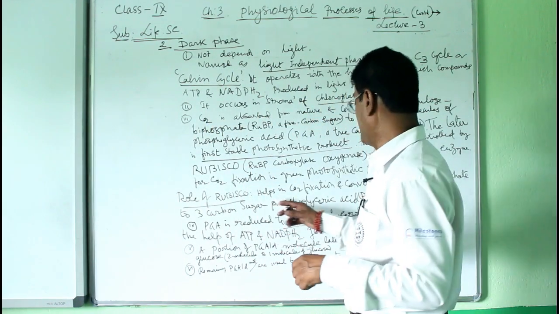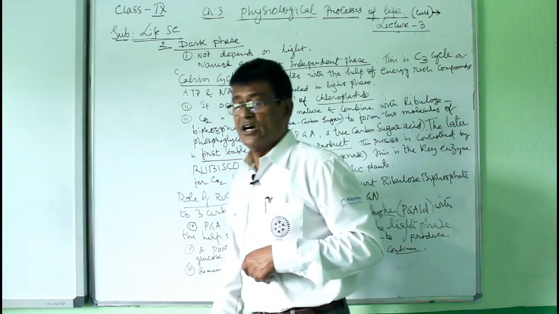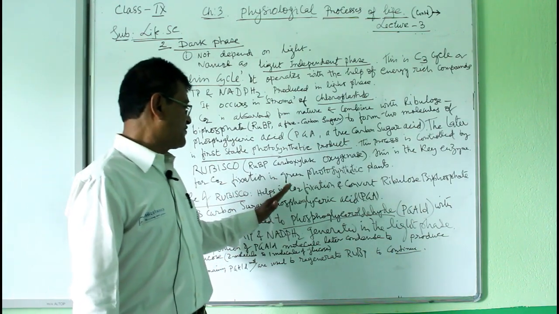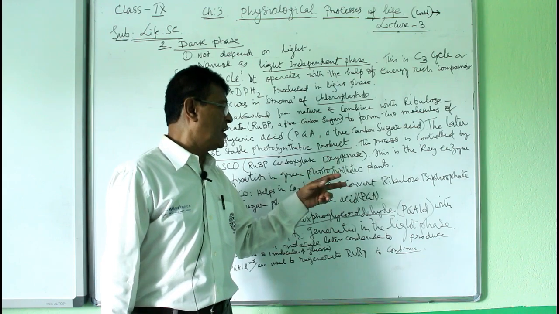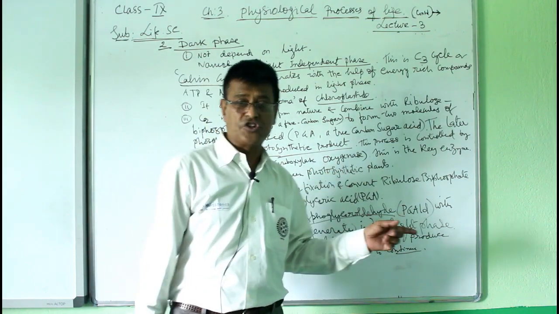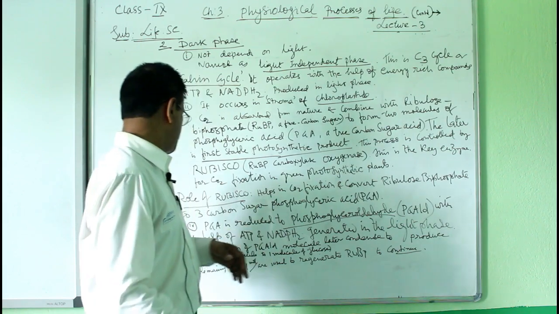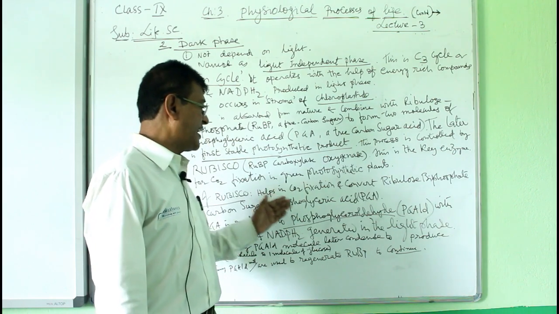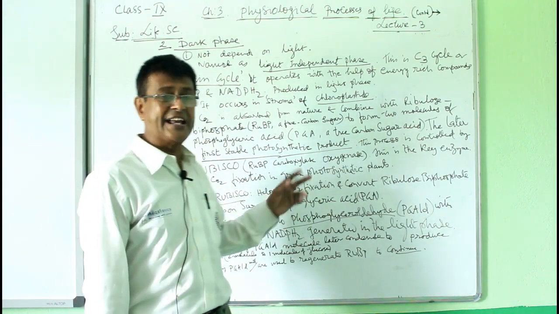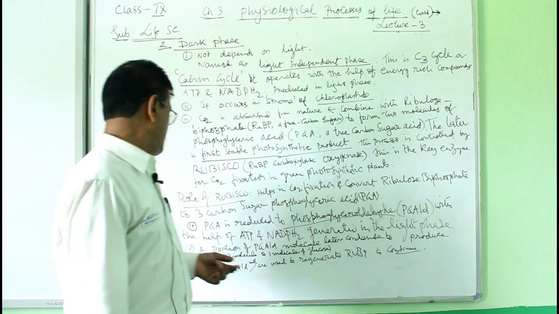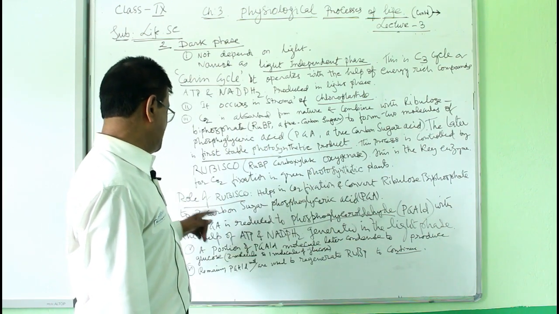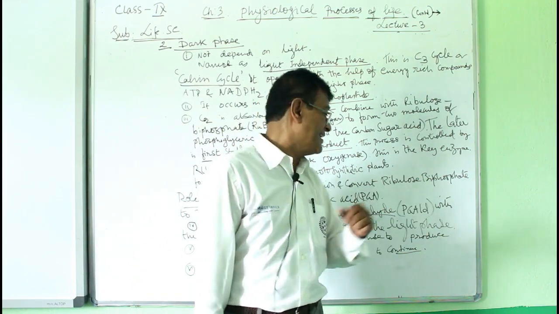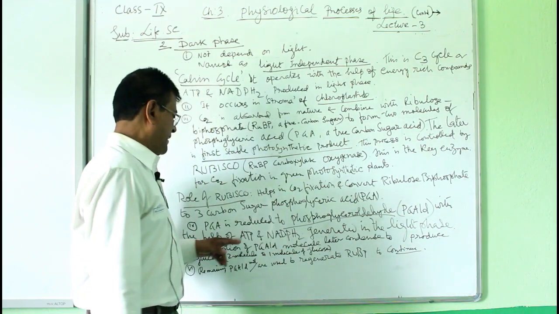Role of RUBISCO: it helps in carbon dioxide fixation and converts ribulose biphosphate to the 3-carbon sugar phosphate, that is phosphoglyceric acid or PGA. Number 4 point: the PGA is reduced to phosphoglyceraldehyde, that is PGALD, with the help of ATP and NADPH2.